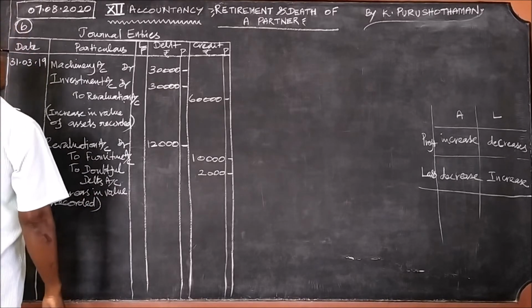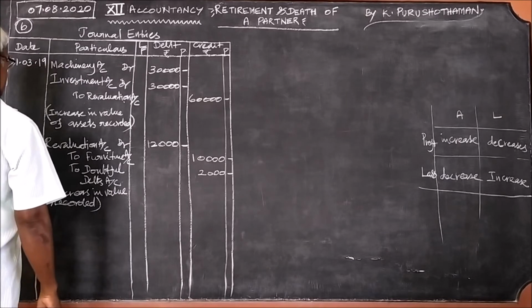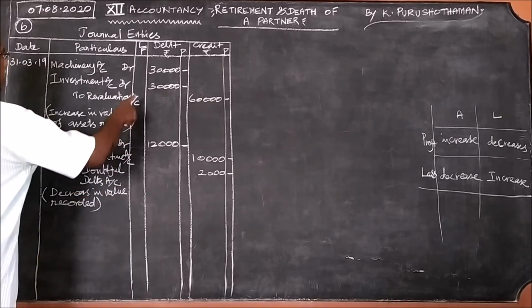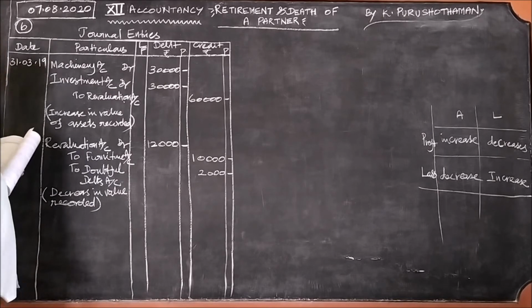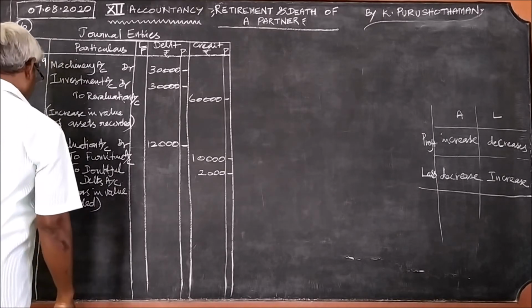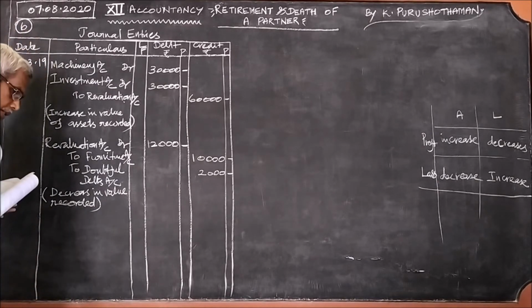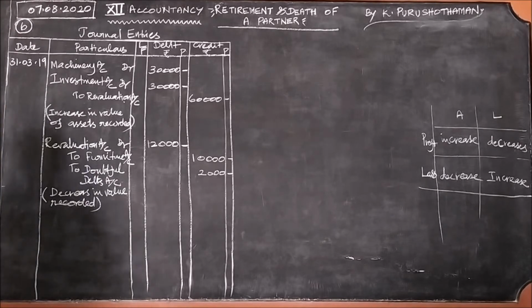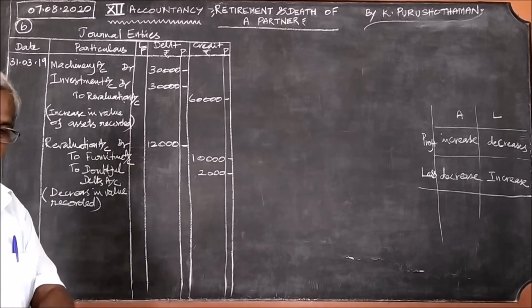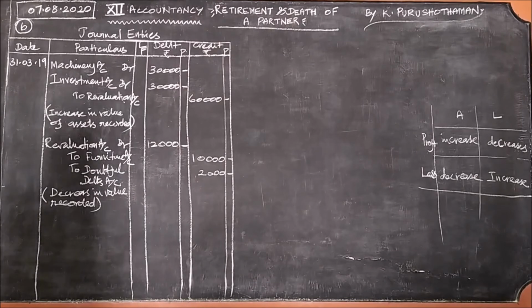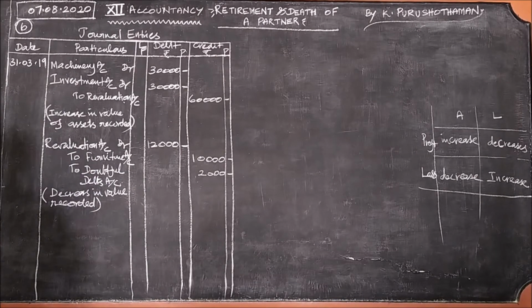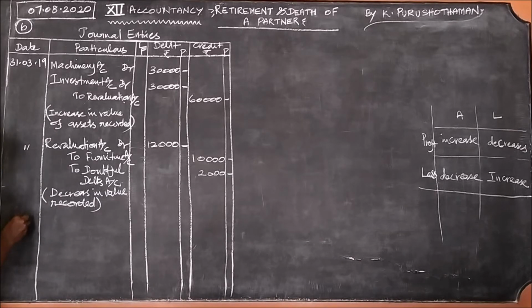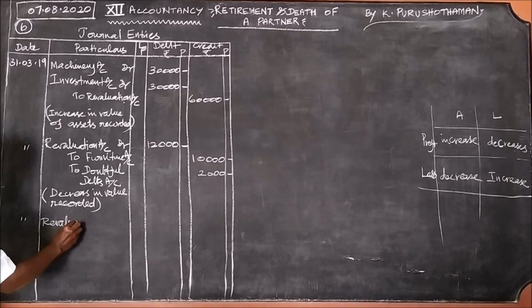Now the total profit is 60,000 and total loss 12,000. Therefore, totally 48,000. 48,000 is the excess profit. Since there is a profit, what should be returned? That is revaluation account.